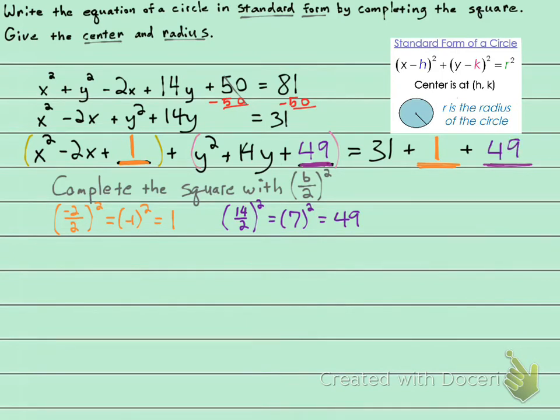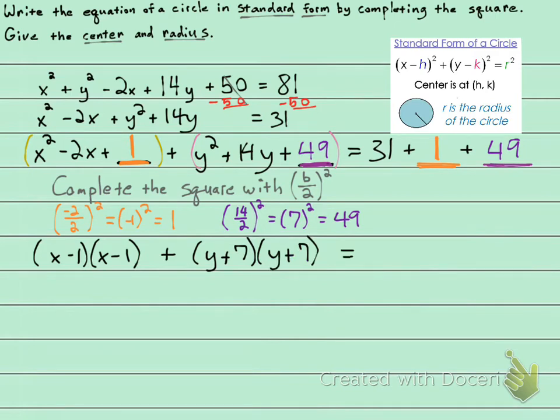Looking inside my yellow parentheses, this now is a perfect square. If I factor this, I'm going to get x minus 1 times x minus 1. And then looking in the pink, this is also a perfect square. And if you factor this, you're going to get y plus 7 times y plus 7.